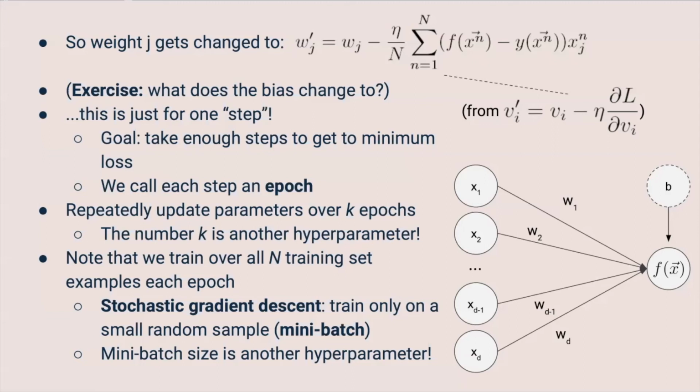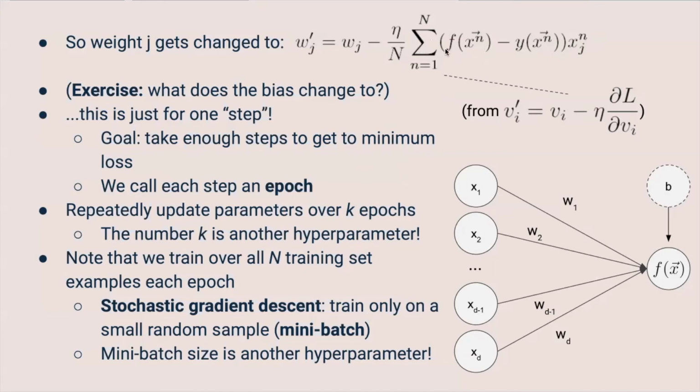So what we can do is approximate this portion by, instead of summing over all the data points, summing over a random subset of these data points.